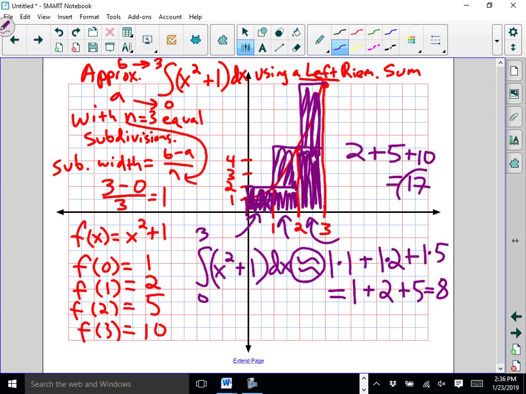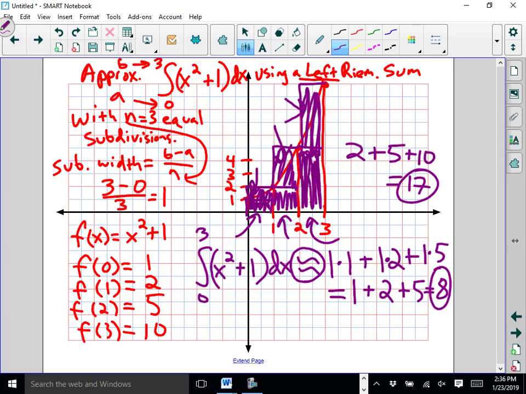I'm counting all these areas that aren't actually in there. So 17 is too big of a number. 8 is too small of a number. But what we did is we set a window. I know the answer is somewhere between 8 and 17. Maybe it's 13, maybe it's 14, right?